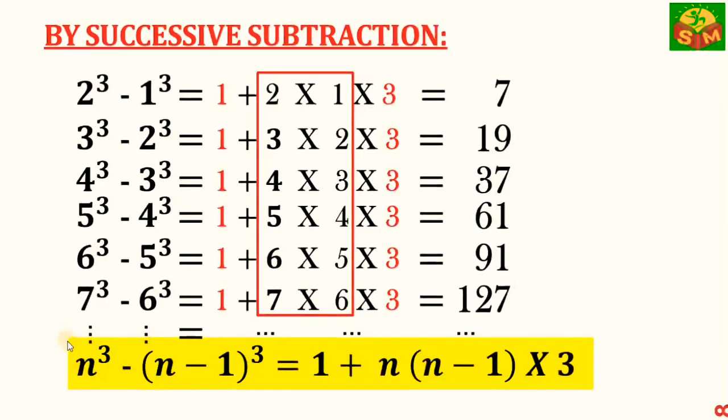We can even generalize this pattern with an algebraic expression, that is n cubed minus (n minus 1) whole cubed equals 1 plus n into (n minus 1) into 3, where n is a natural number. From this pattern, we can find the difference of the cubes of successive natural numbers without actually finding the cubes of the numbers.